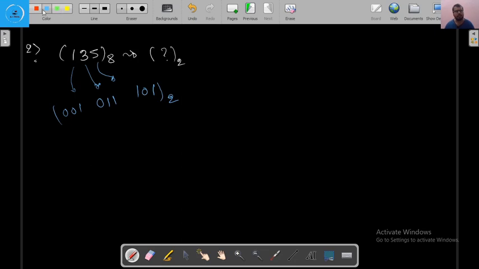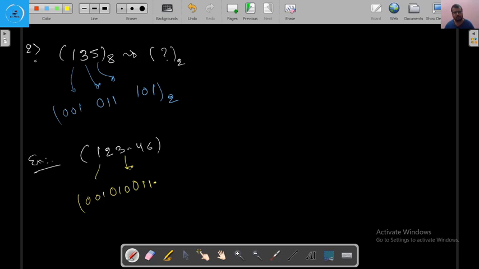Let's see another example. This is 123.46. For 3 write 011, for 2 write 010, and for 1 write 001.